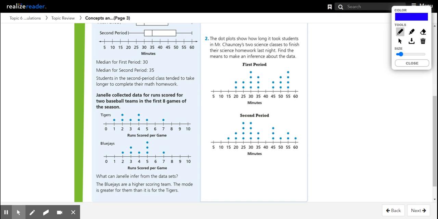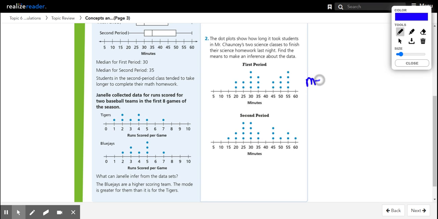When I visually compare their ranges, since they use the same scale, the ranges are fairly similar. Second period has a little bit farther of a range, but overall we're seeing consistent shapes, so it's spread out in similar ways. The best way would be to look at the mean and the median to get some details here.